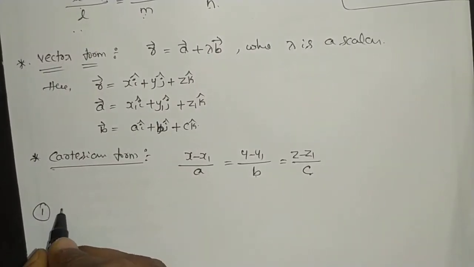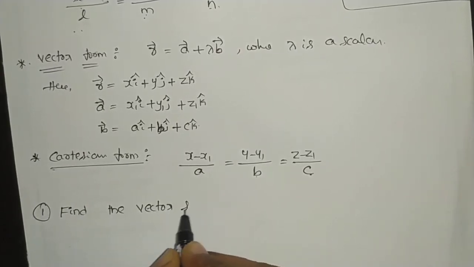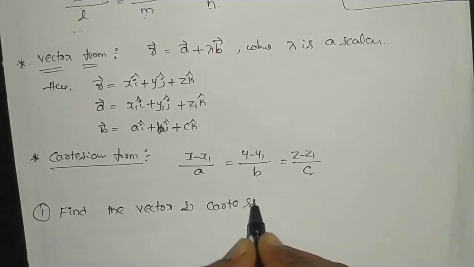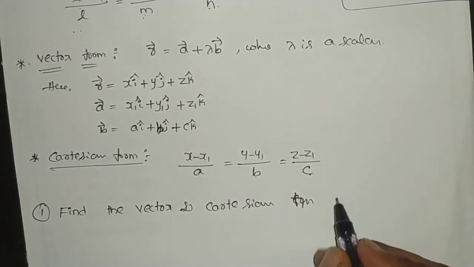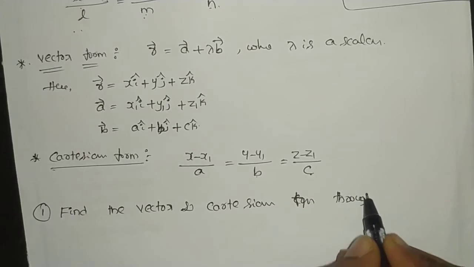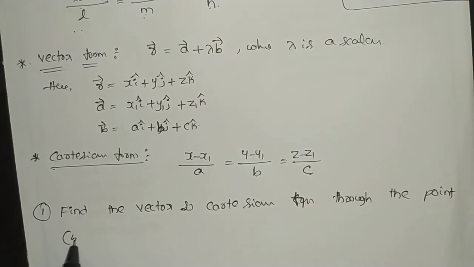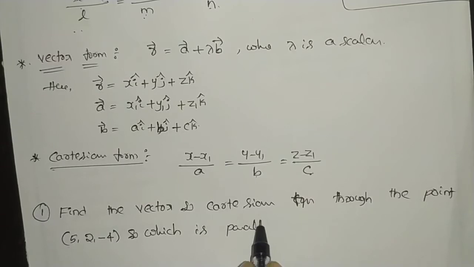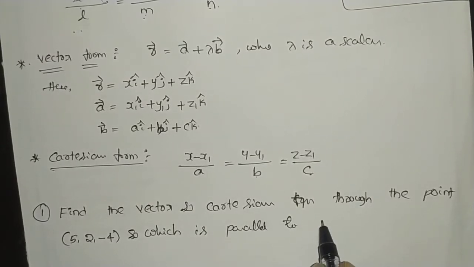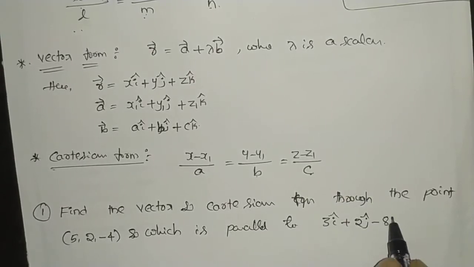The first problem: find the vector and Cartesian equation of the line through the point (5, 2, minus 4) and which is parallel to the vector 3i plus 2j minus 8k.